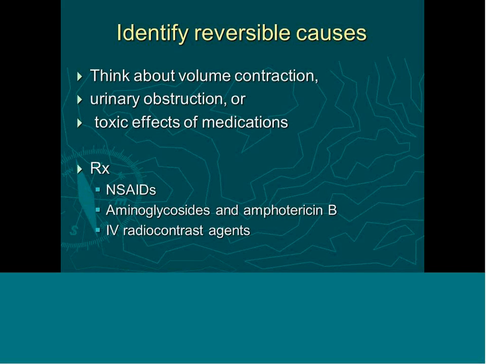So when the patient comes to your clinic, you look to see if they have volume contraction, any obstruction, or any effects of medications on the kidney function, such as aminoglycosides, amphotericin B, and recent IV contrast agents.